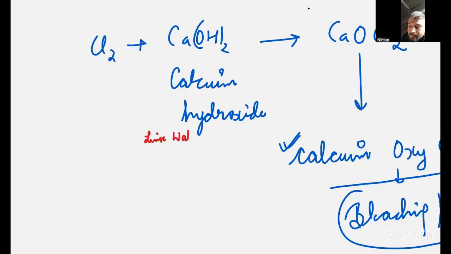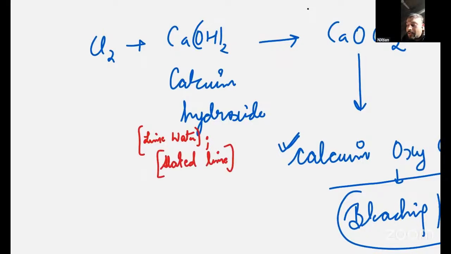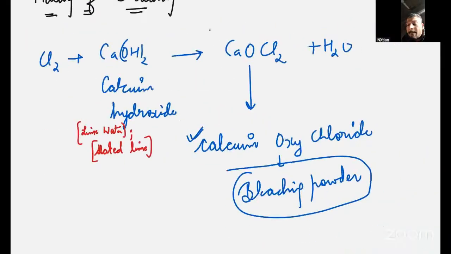Lime water. Another name is slaked lime. So when you react chlorine with slaked lime, lime water or calcium hydroxide, we get calcium oxychloride, which is called bleaching powder, and H2O, water, is released.